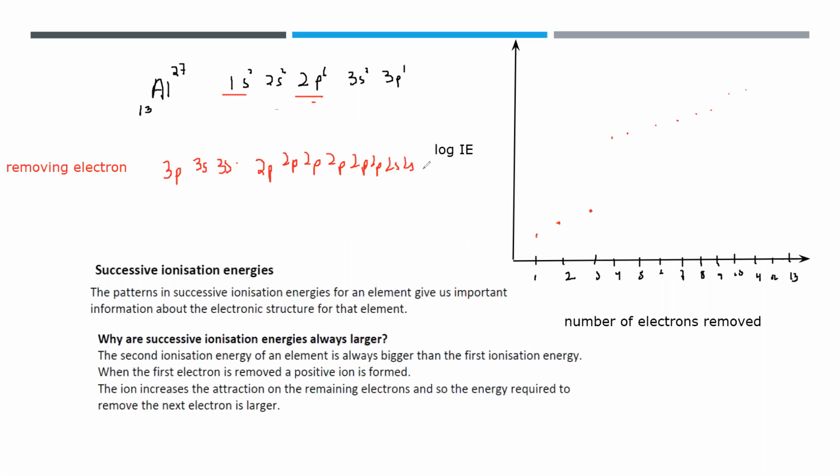The moment you remove an electron from 1s, again you will have a greater jump. So the jump shows that there's a change in the shell. Using this, you can identify the group and the number of shells used. Because there's a big jump after 3, it belongs to group 3.